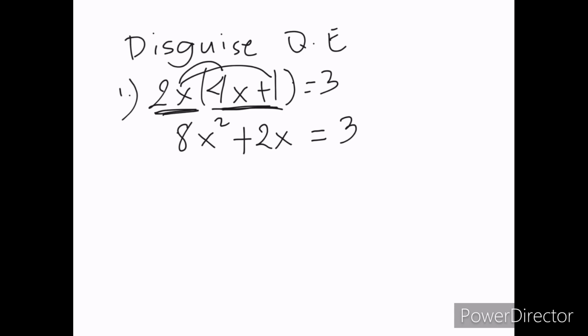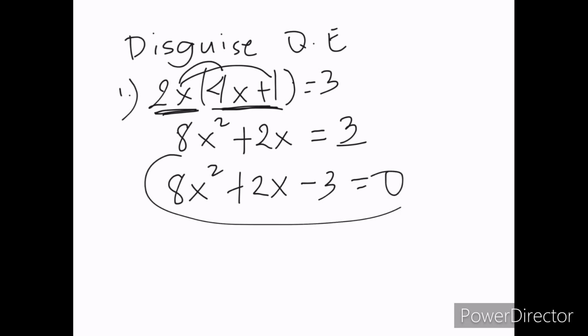Then simplify. It becomes 8x squared plus 2x. Transpose this term to the other side. Since it is positive, it becomes negative. Minus 3 is equal to 0. And therefore, it is quadratic.